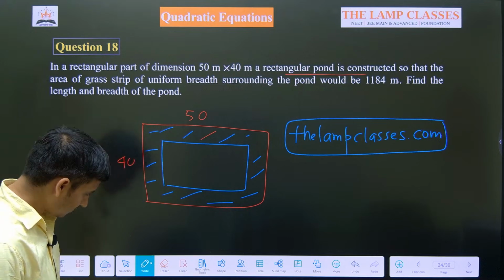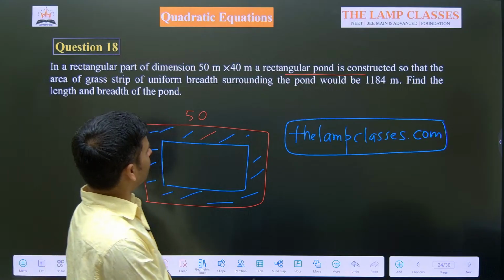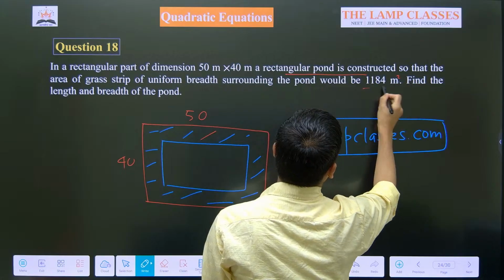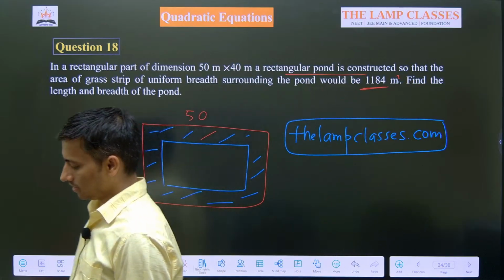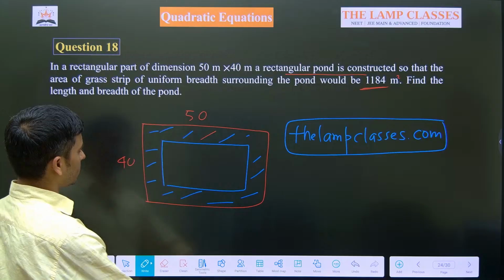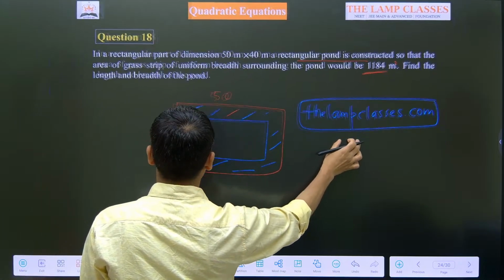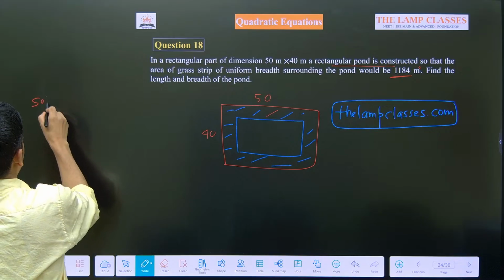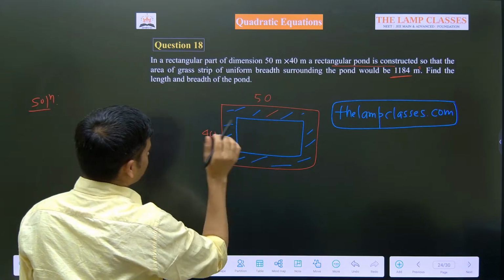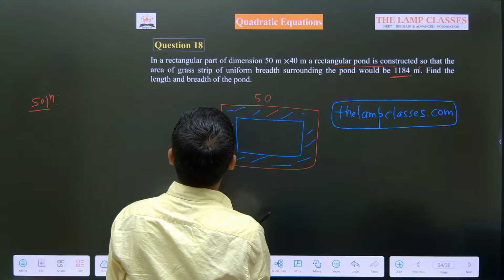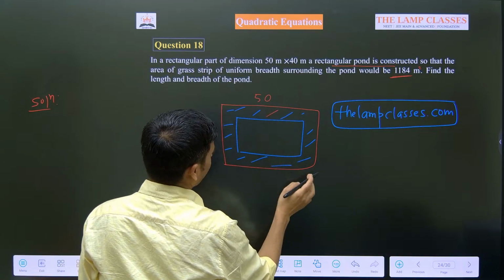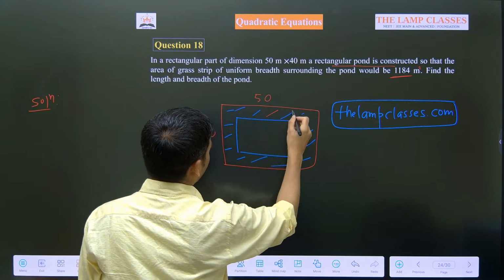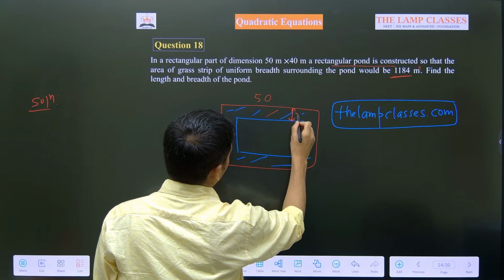Clear? So they have given the area of the grass part, it's meter square, no? Area of the grass part is 1184. Please do that. So the equation which we will frame here: area of the outer rectangle minus area of the inner rectangle. This part is, let's see, x.